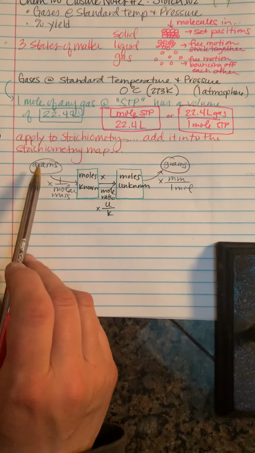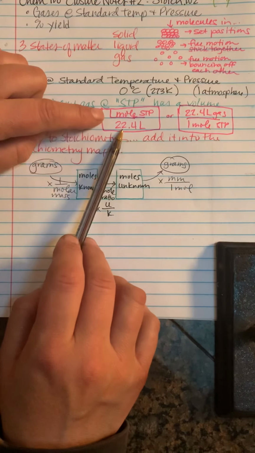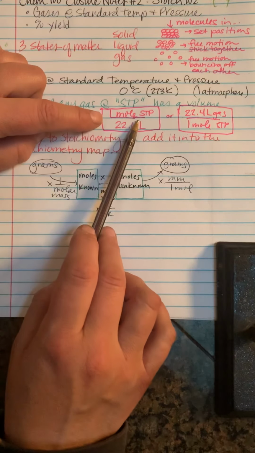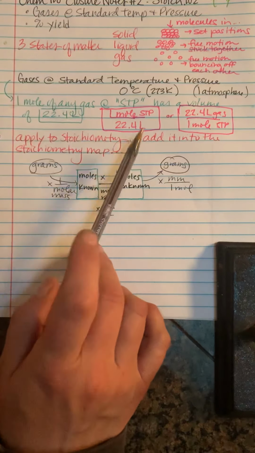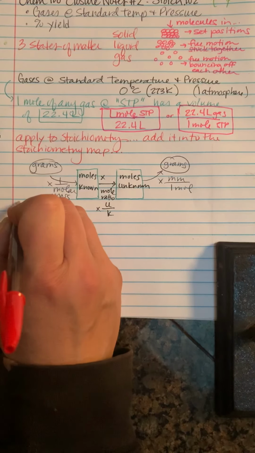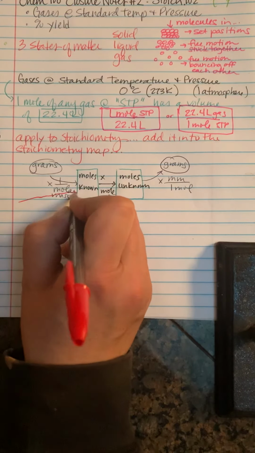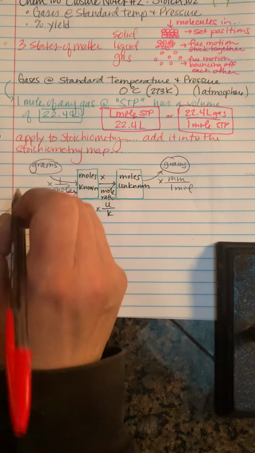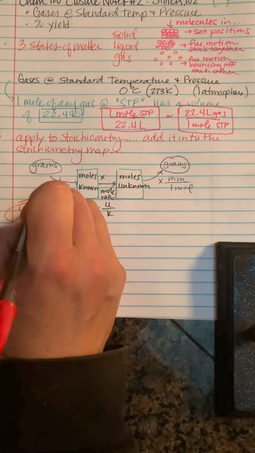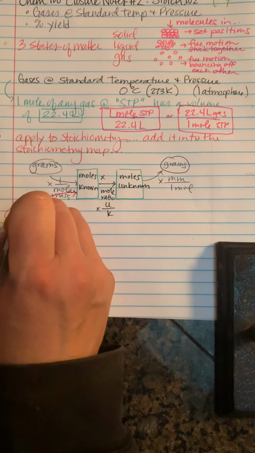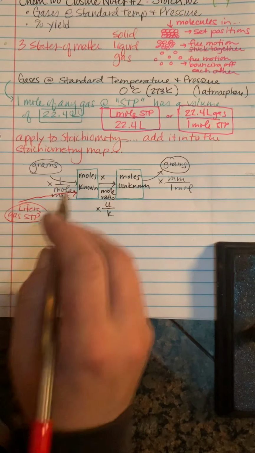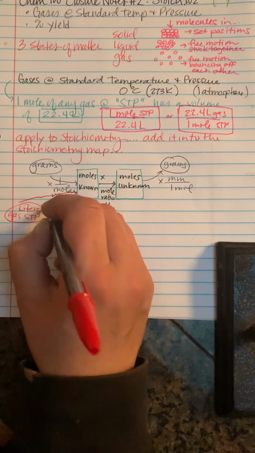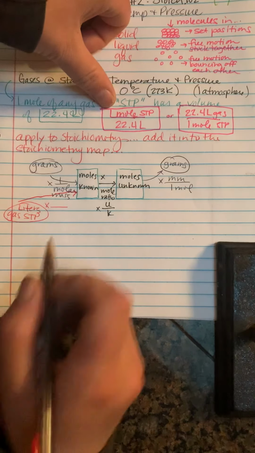All I'm going to do here is take this information, that 1 mole at STP of a gas is 22.4 liters, and add that in here in red. So if we are given liters of gas at STP instead of grams, we can still convert to moles, using this equivalence right here.